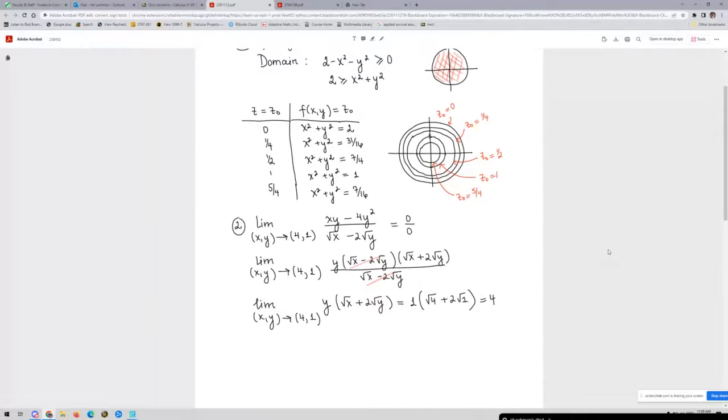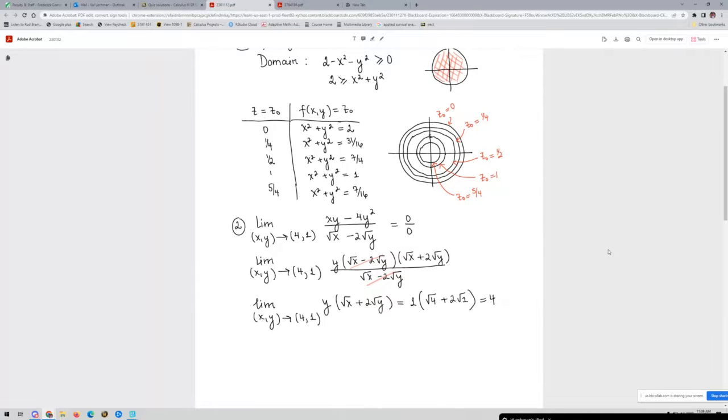Well, in Calc 3, we can't really use L'Hopital's rule for a function of two variables. So this is where we factor it, okay? We factor the top, and then we remove that discontinuity. So that's your case of removable discontinuity. Once that's done, the function is nice and continuous. At that point, we evaluate it, we get 4, okay?